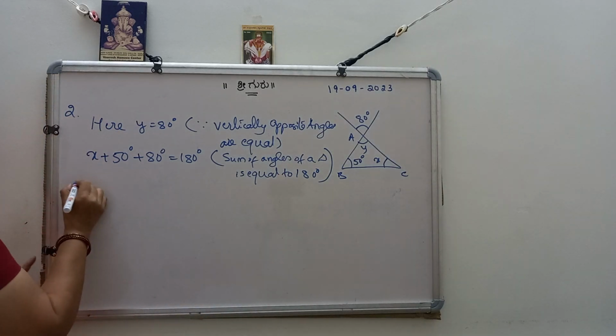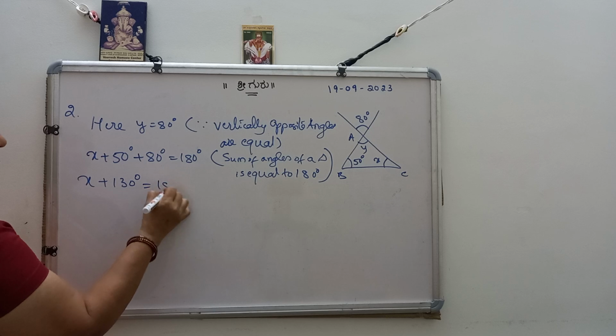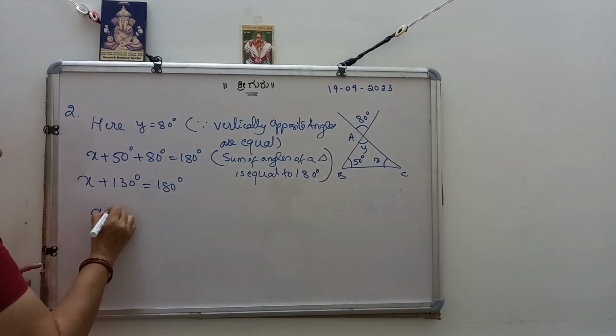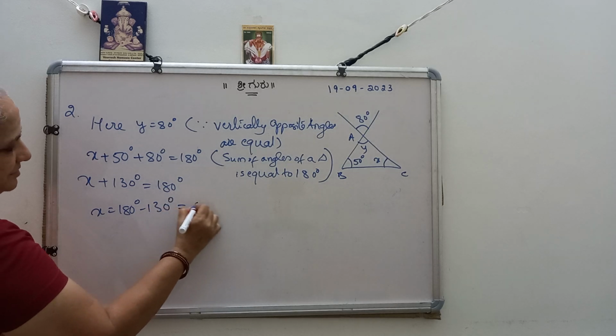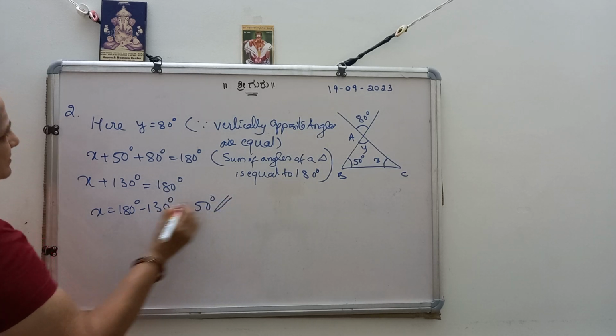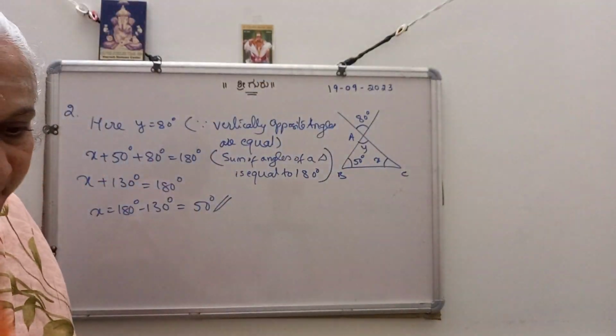Okay? x plus 130 degrees is equal to 180 degrees. x is equal to 180 degrees minus 130 degrees is equal to 50 degrees. Second one is over. Now the third one.